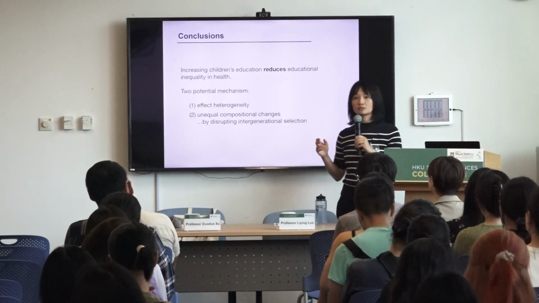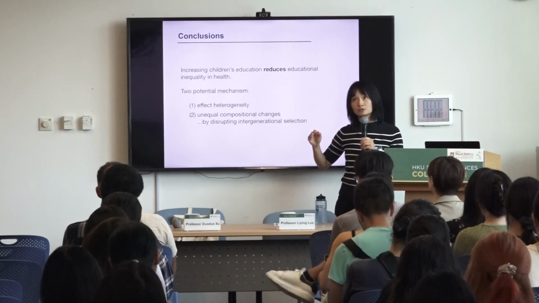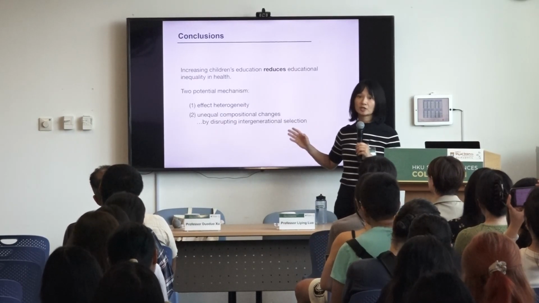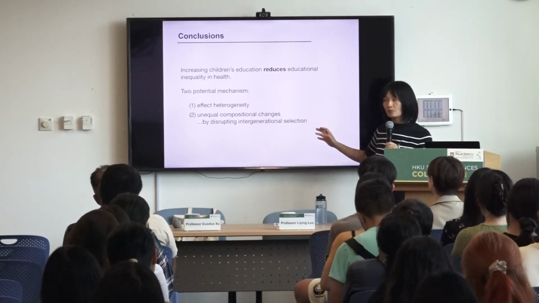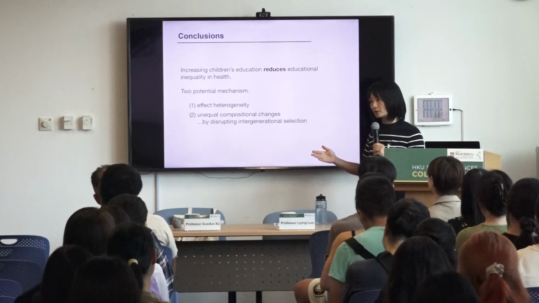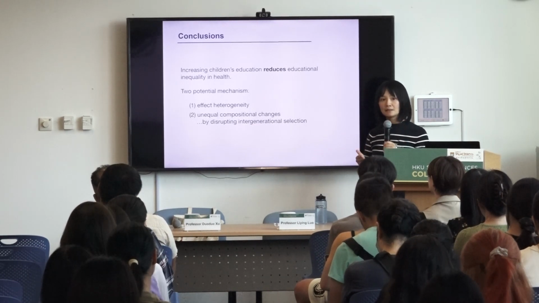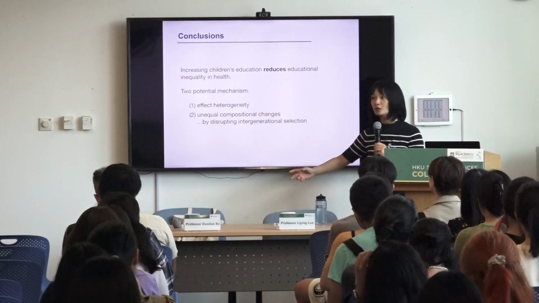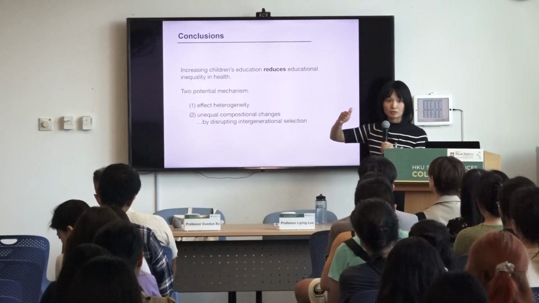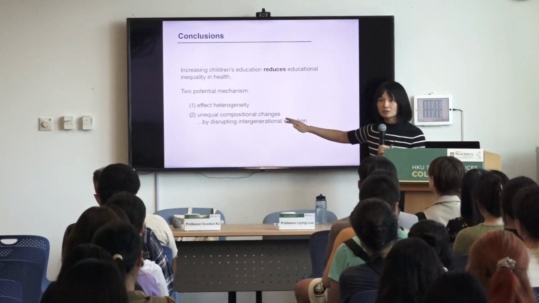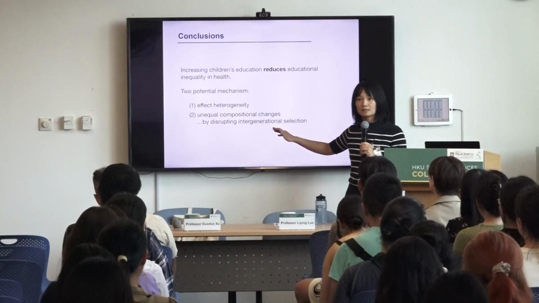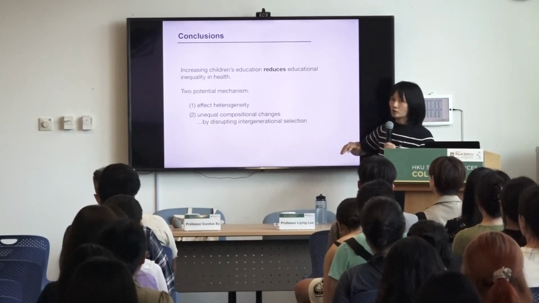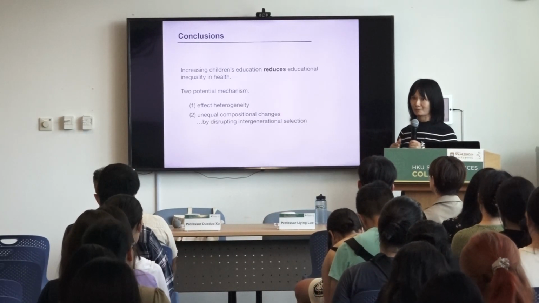So when you increase children's education at the population level, which is equivalent to interrupting this intergenerational process, a larger proportion of children born to disadvantaged backgrounds benefit more. So the proportion of the more disadvantaged children will benefit more when you increase the children's education level at the population level. So this is the compositional mechanism that could result from increasing children's education to reduce health inequality. Does it make sense?